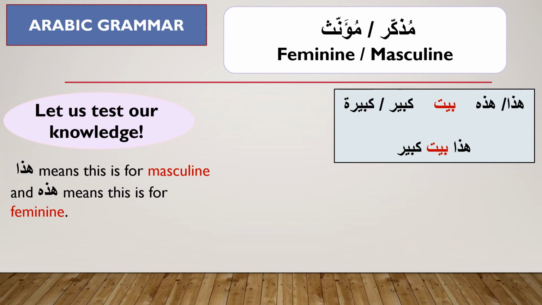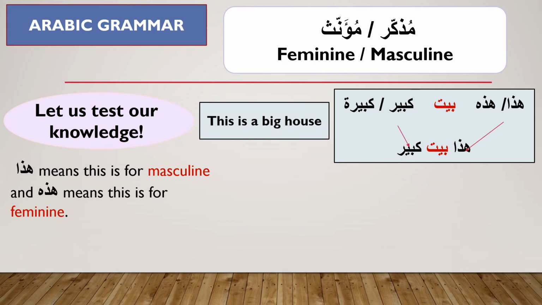Should we say هذا or هذه? كبير or كبيرة? Since the word بيت is masculine, automatically we choose هذا. بيت كبير. This is a big house.